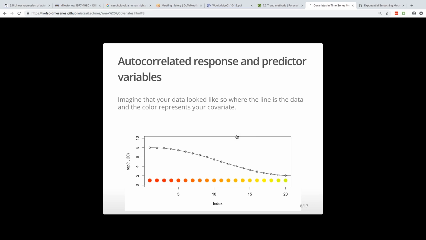Should I really be using an N of 20 when I am computing the standard errors on the estimated effect size of this covariate on this, when this is highly autocorrelated? And no, probably not.